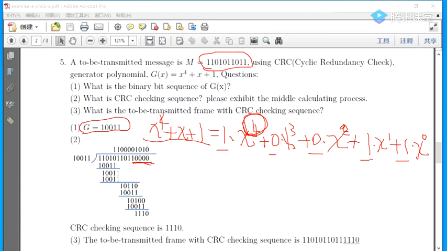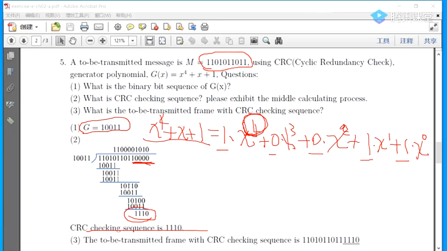So add 4 zeros at the end of the original message. Then we use modulo-2 division. We get the remainder 1110. So the checking sequence is 1110.